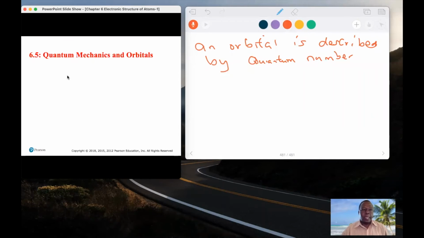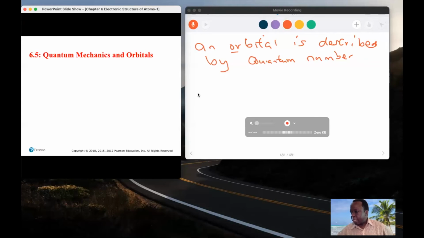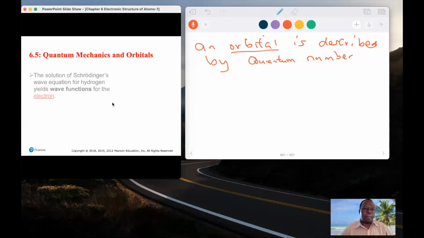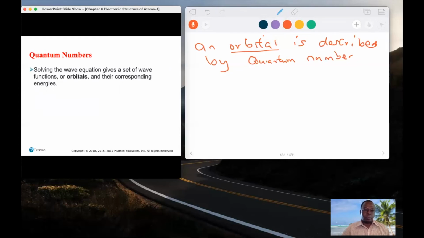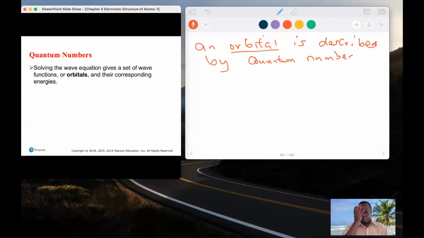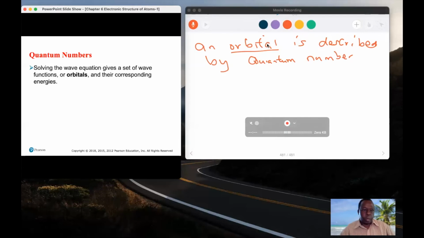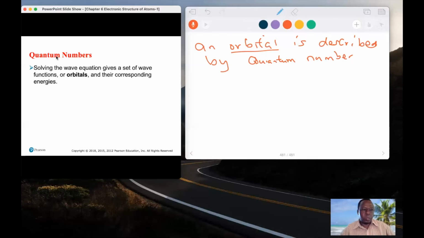So an orbital is described by quantum numbers. These quantum numbers are based on the line spectra we talked about earlier. We describe these orbitals using quantum numbers, and it doesn't change.